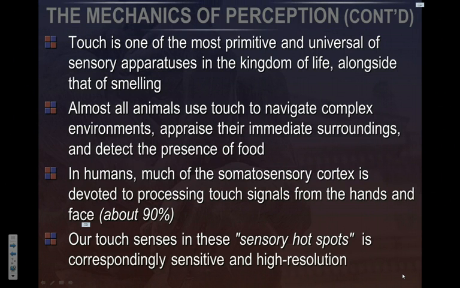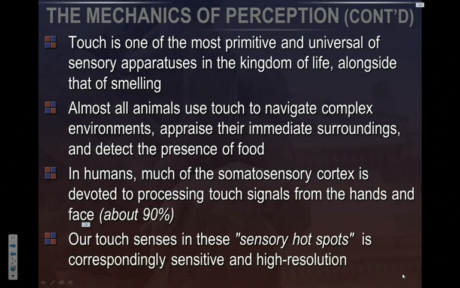In humans, the sense of touch, or the somatosensory cortex, is devoted to processing touch signals, absolutely. But most of those touch signals, about 90%, come from your hands and your face, okay? Sure, we can sense things when I touch them with my leg. But most of our sense of touch comes from our hands and face.